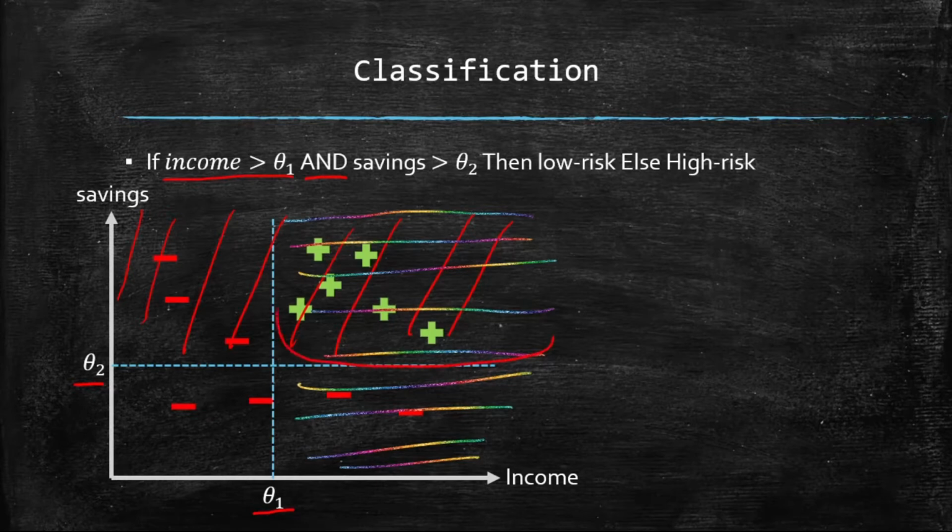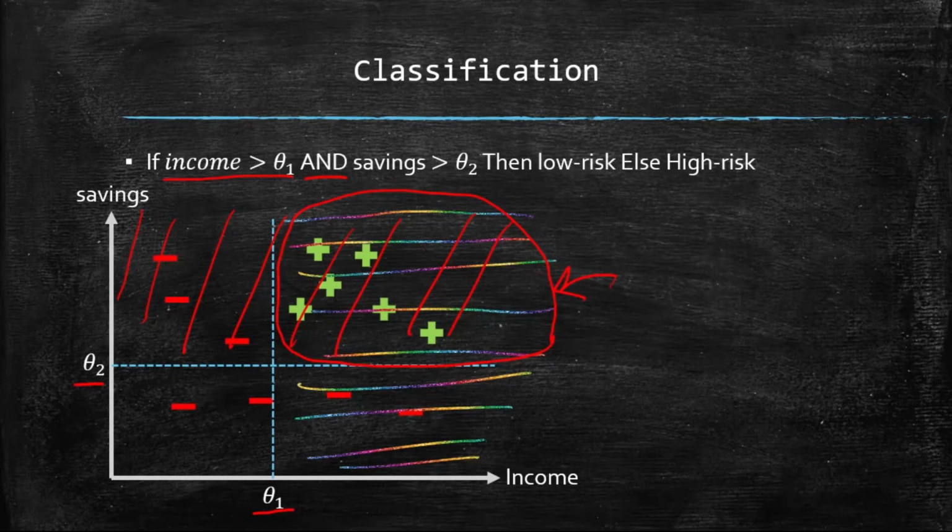As you can see, this is the only region where both rules apply, where both colors of the lines that I've just drawn are all captured in this region. Now, we can say that if income is higher than theta 1 and, that is a keyword here, savings is more than theta 2, this whole thing applies to this weirdly shaped region right here.